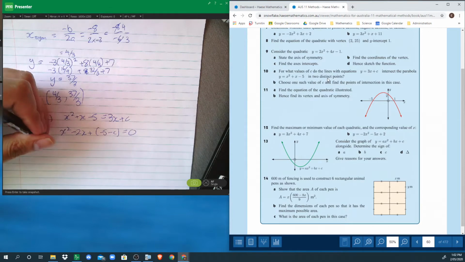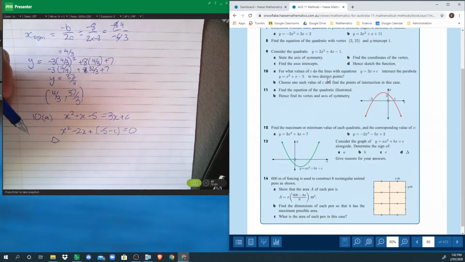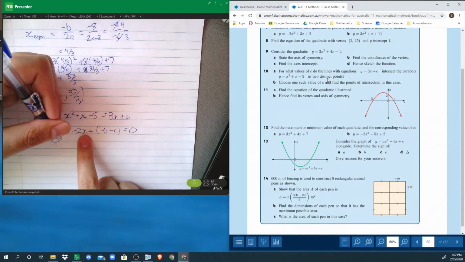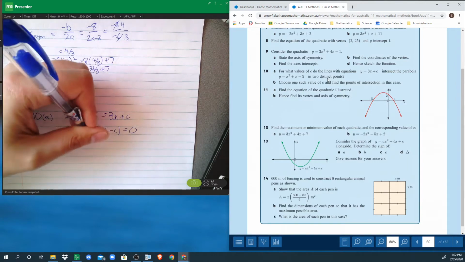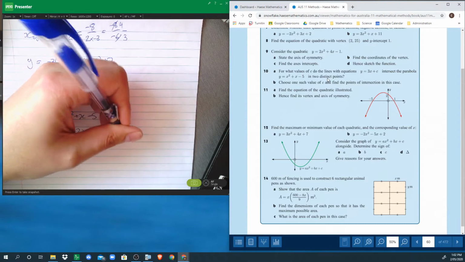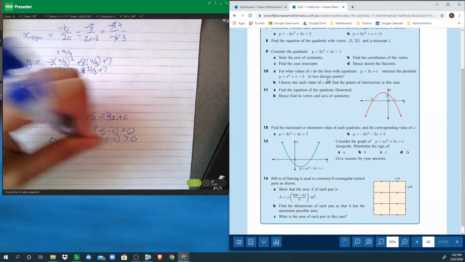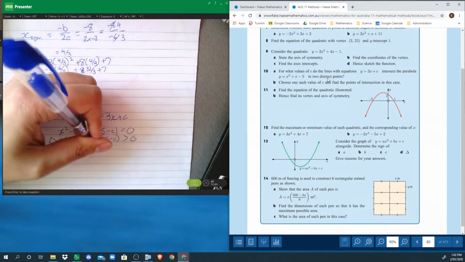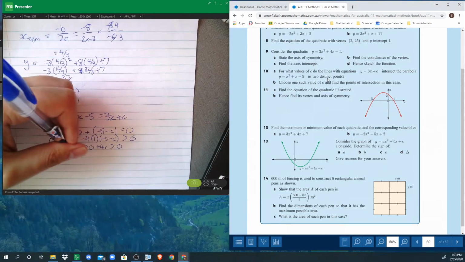Okay, so basically to make that have two distinct points, the discriminant of this must be greater than 0. So b squared minus 4 times a times c, 24.